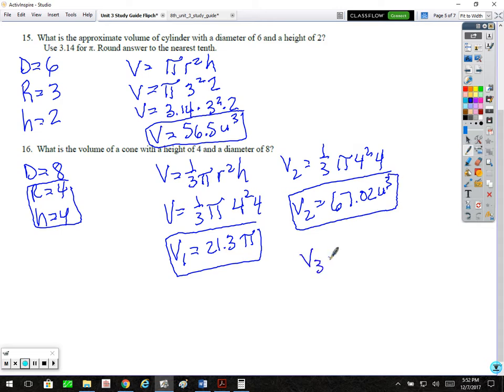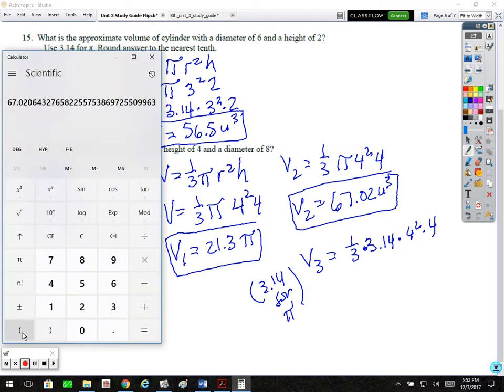All right, volume 3. Remember, volume 3 is 3.14 substituted for pi. All right, so we have 1 over 3. We're going to take out the pi, put in 3.14 times 4 squared times 4. All right, so let's try 1 over 3 times 3.14 times 4 squared times 4.